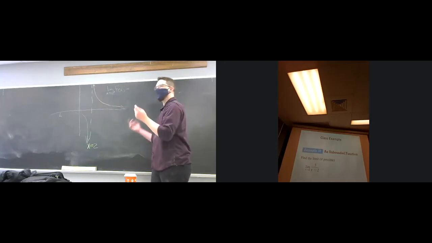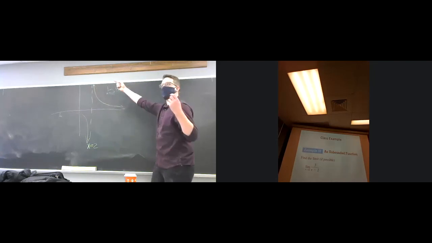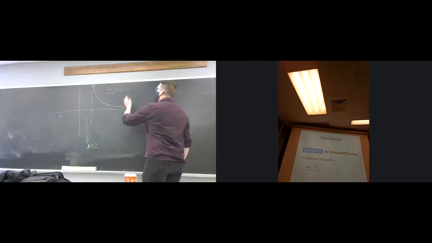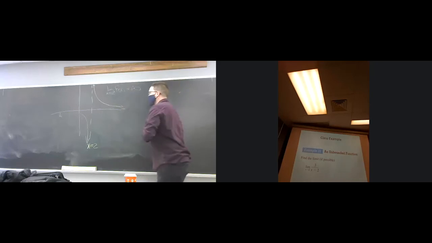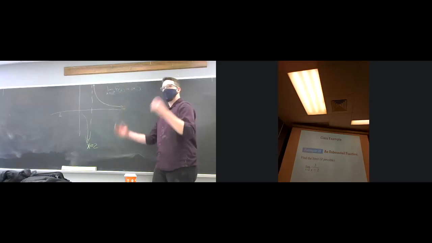Infinity. So we just go up forever, right? We're not approaching any one number, we're approaching every number bigger than our previous number. So it's going to be infinity. And from the left, what is it going to be? Yeah, negative infinity.